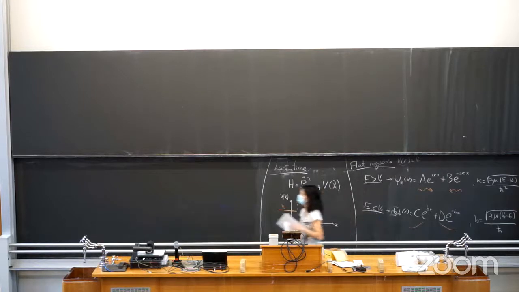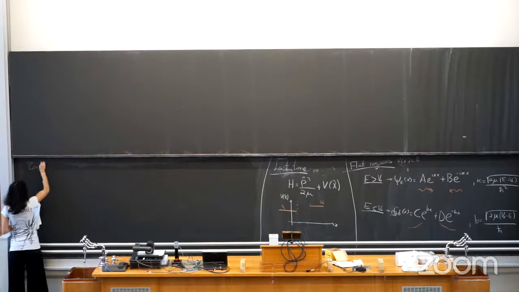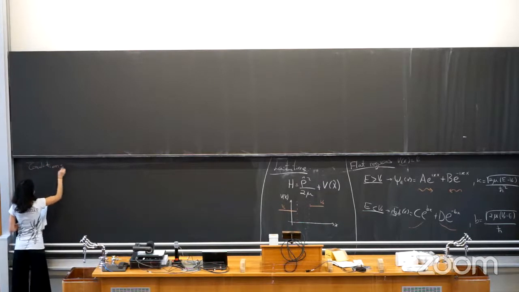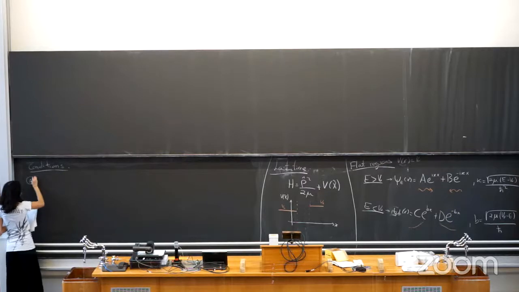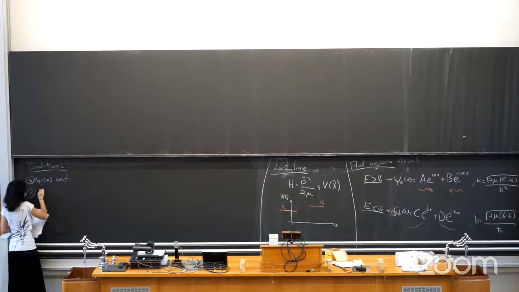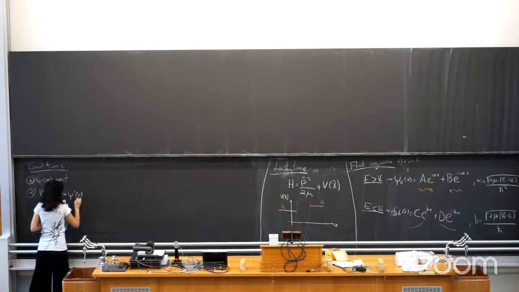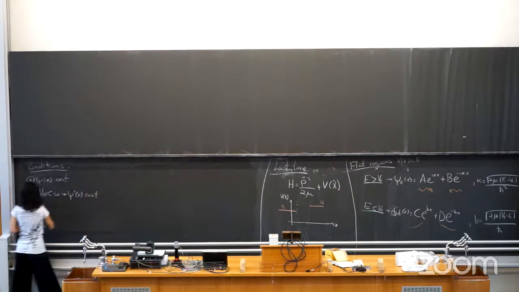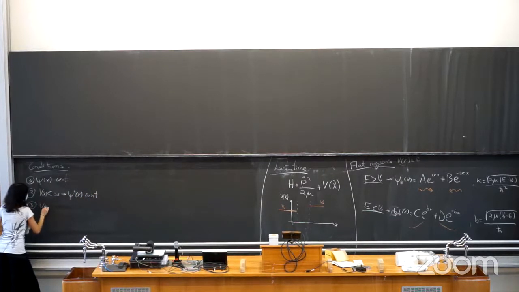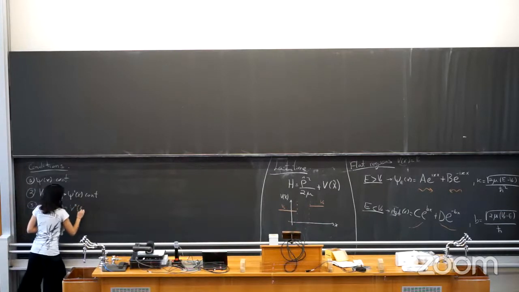So one, the wave function must always be continuous. Two, the x derivative must be continuous if V of x is finite. Three, if V of x is continuous, the second derivative is continuous.